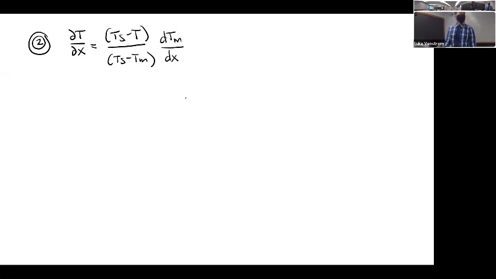So when you take that and solve for dT dx, you end up with this (Ts minus T) over (Ts minus Tm), our dimensionless temperature, times the derivative of the mean temperature in the flow direction, minus (Ts minus T) over (Ts minus Tm), our dimensionless temperature, times the derivative of the surface temperature in the flow direction, plus dTs dx.